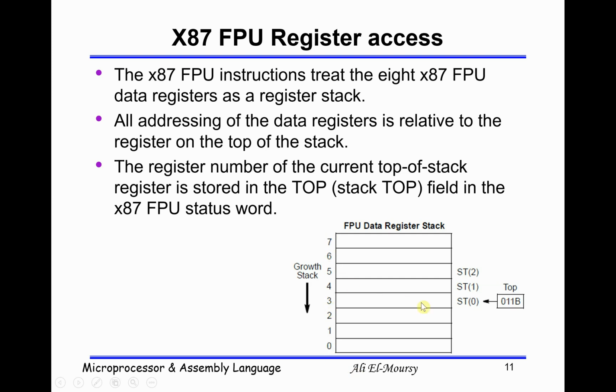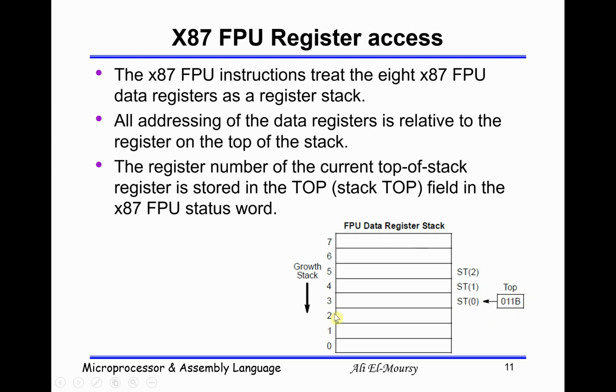He will use the name st to indicate the stack top. St stands for stack top. So if you are writing instructions for the x87, you will identify the registers relative to the top of the stack. st0 is the top of the stack, so we have to have a pointer pointing to the top of the stack.